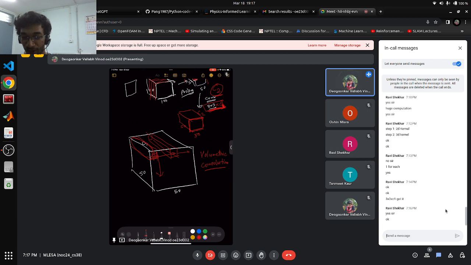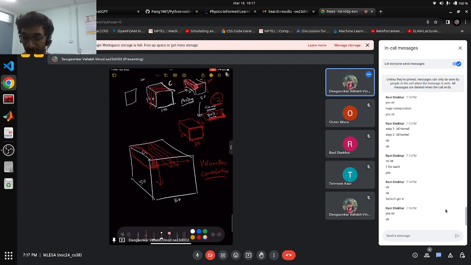Now, since you have to take volumetric, your kernel itself is having 3 into 3 into C1 number of values. So along each of the layers of this kernel, the values are not the same 3 cross 3. They are different 3 cross 3 because it's a different function, right?